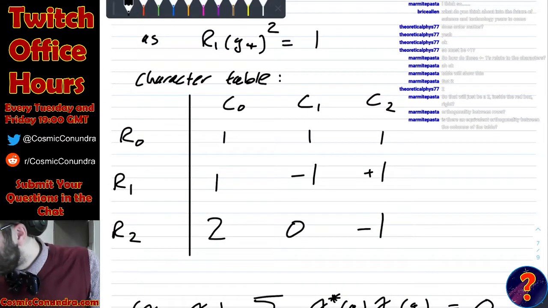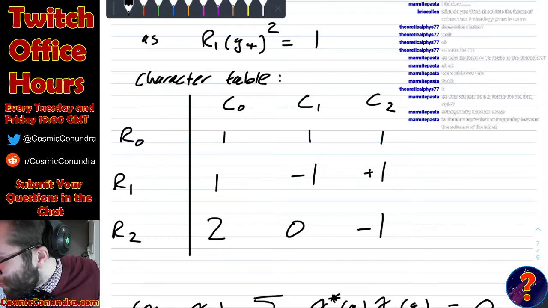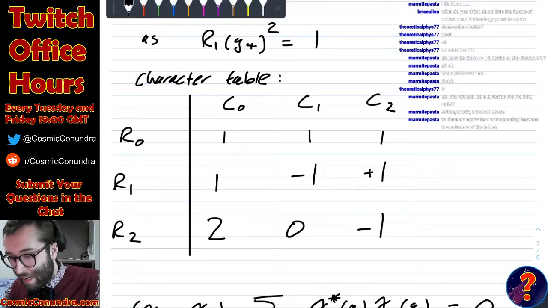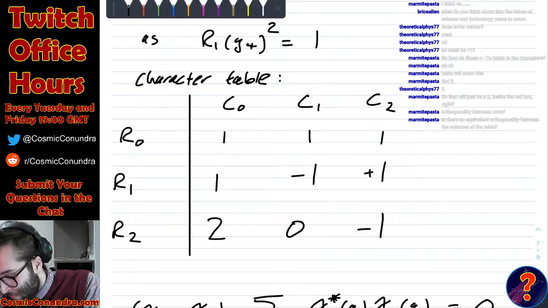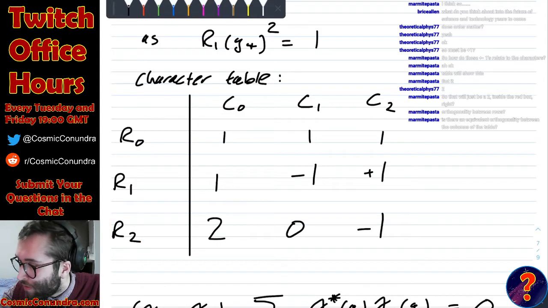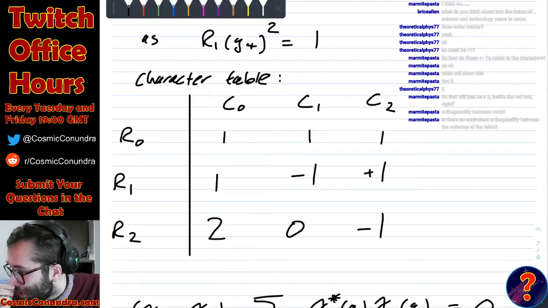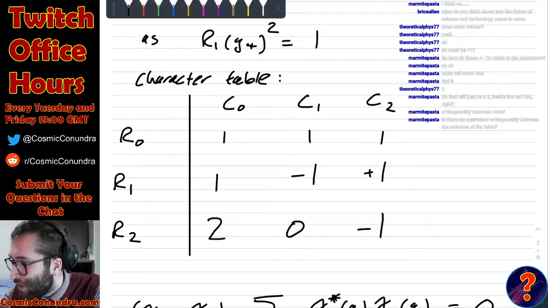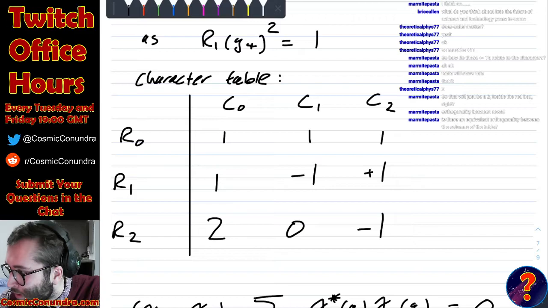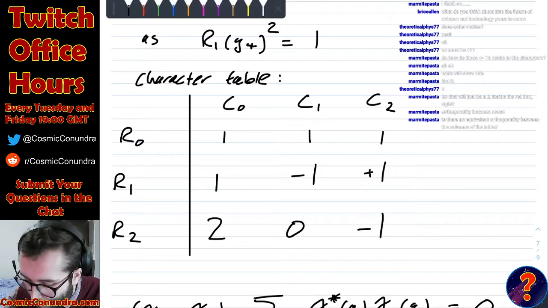Now, we still don't know explicitly the 2D representation R2. We haven't explicitly found those matrices, but I think that wasn't the point of the question. The point was just to find the characters of it, and then you can figure it out.